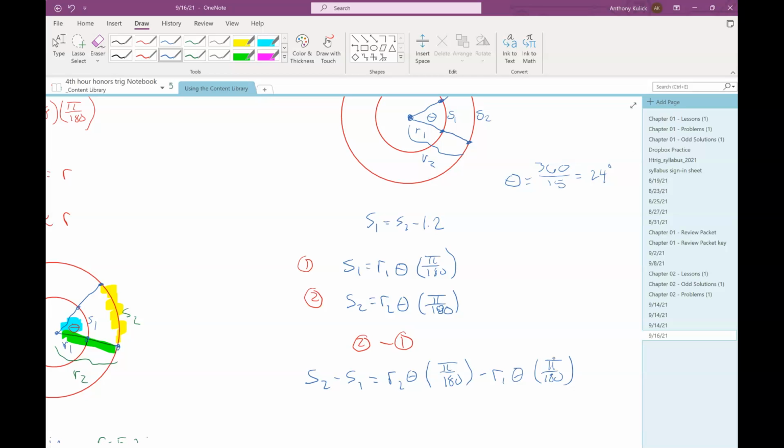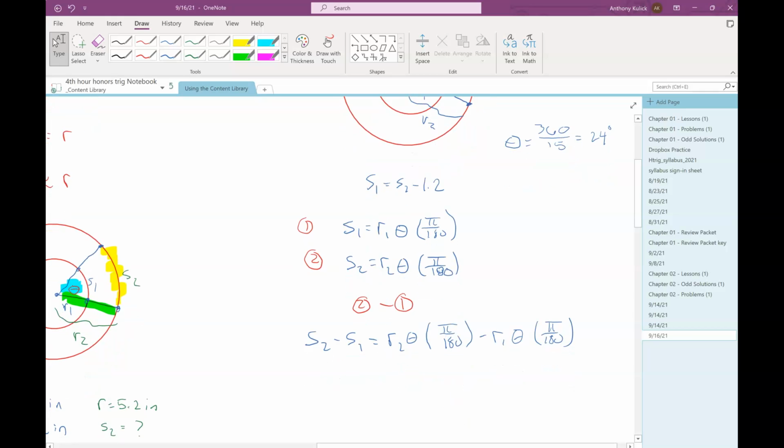So far, so good. Okay. And I noticed that the theta times pi over 180 is the same in each of these, so I can factor that out. And I might as well put the 24 in for theta as long as I'm at it. So far, so good.